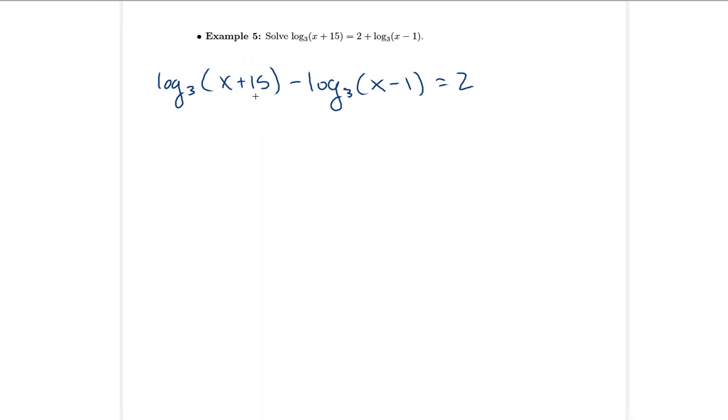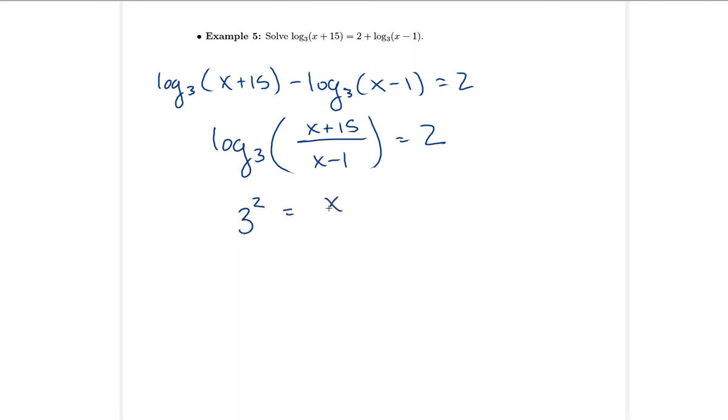But at that point, I've got subtraction of logarithms with the same base. So the log base 3 of x plus 15, the one that's with the positive logarithm, and x minus 1, the one that's with the negative logarithm. And so we have 3 squared equals x plus 15 over x minus 1.